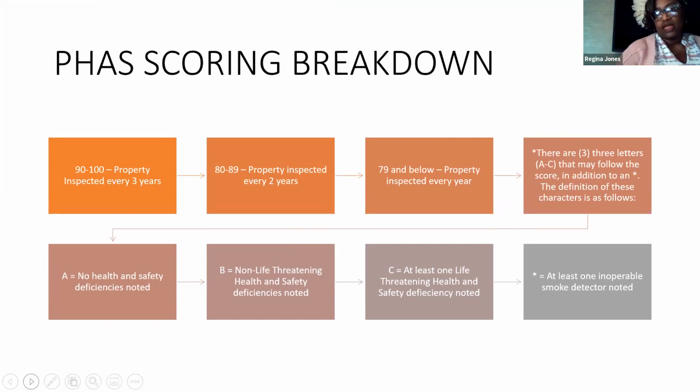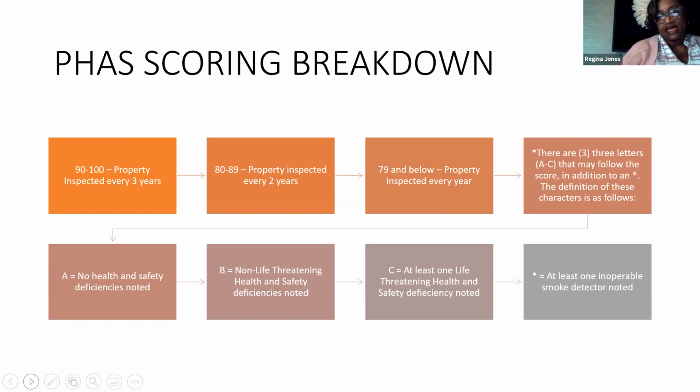And of course, I would like to mention that sometimes you see these little alphabets after your score. If you see the alphabet of A, you know that you have no health and safety deficiencies. If you see the alphabet of B, you know there are non-life-threatening health and safety deficiencies that have been noted.